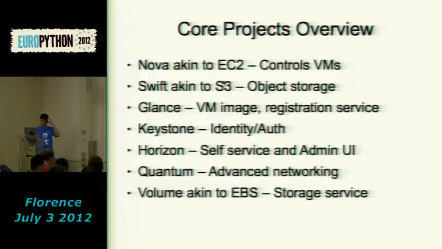So Glance came out first, and then Quantum is basically abstracting out the network control for Nova, and it supports things like software-defined networking. So it has plugins available for Open vSwitch.